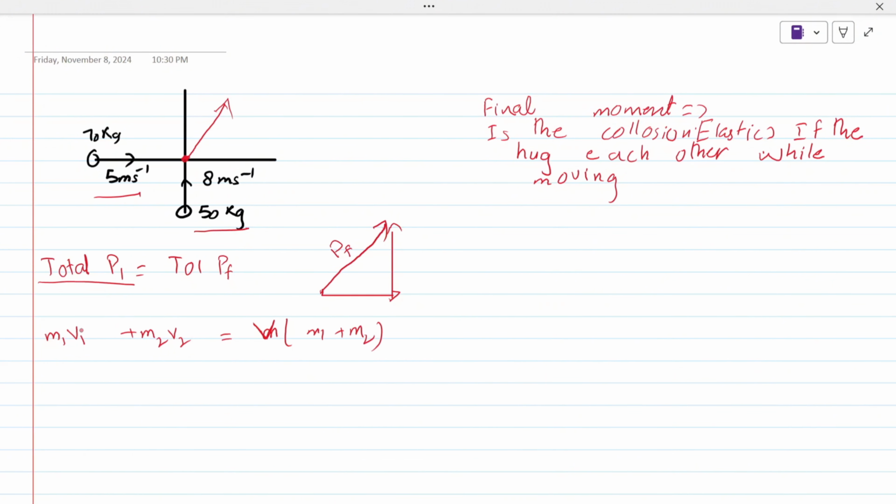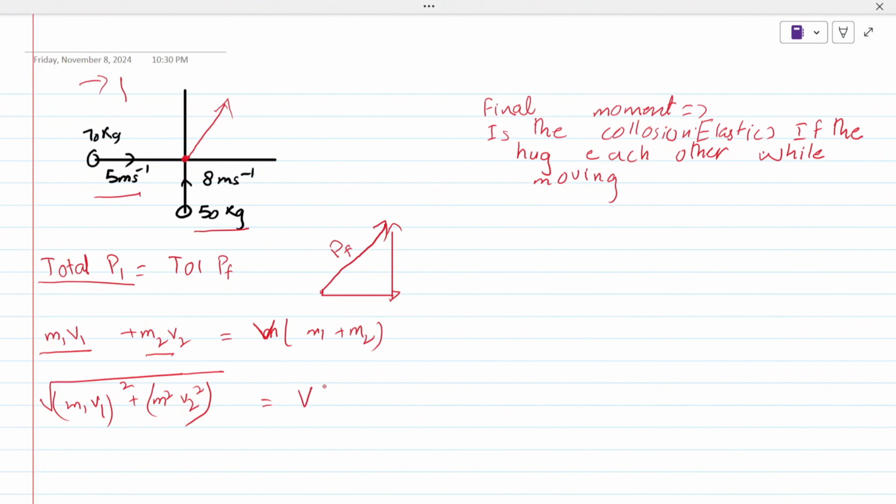But these two vectors cannot be added directly because the velocities are perpendicular. To add perpendicular components, we use the formula under root of (m1 v1) square plus (m2 v2) square. You know this formula, it is the Pythagoras theorem.